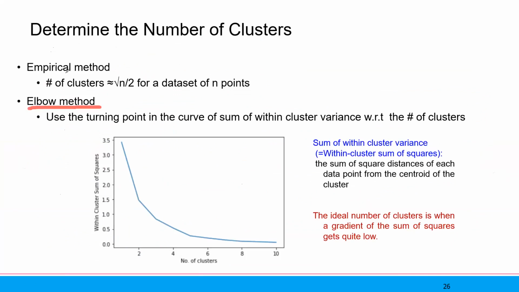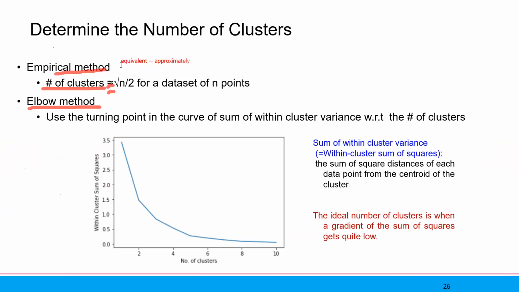In the empirical method, the number of clusters is equivalent, equivalent means not exactly the same, but approximately.